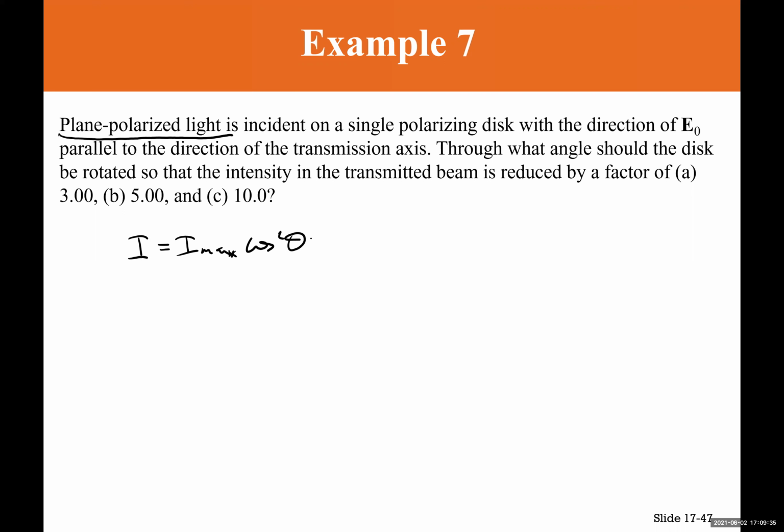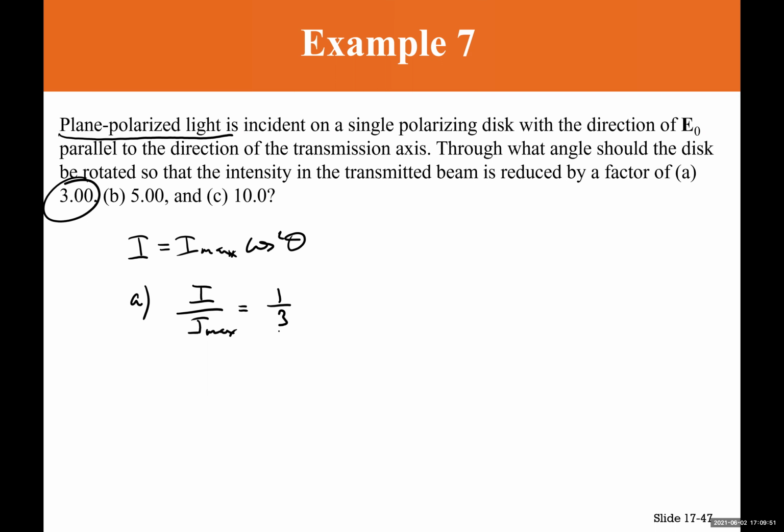So for part A, I'm looking at I over I max, which gives me the ratio. Since it's a factor of 3, that means it's 1/3.